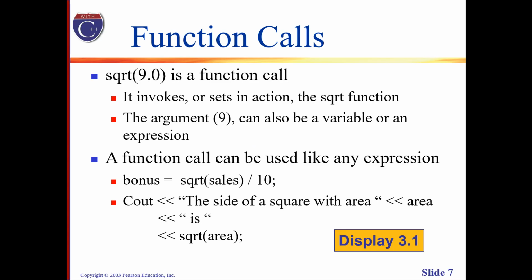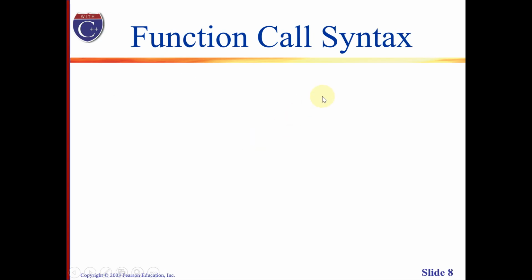Next, let's talk more about the details of a function call. Basically, the syntax of a function call is, of course, to indicate the function name that we would like to call, and inside the parentheses, we must include the arguments.